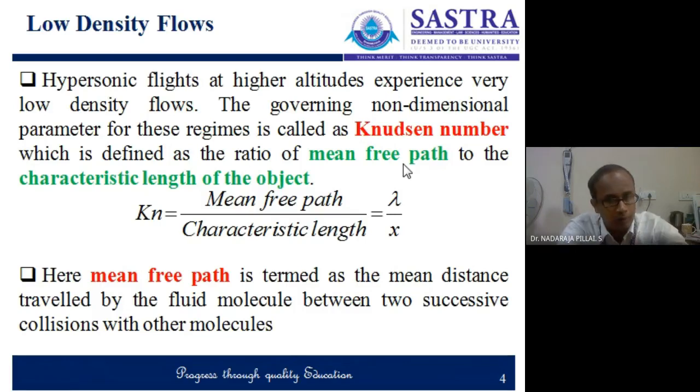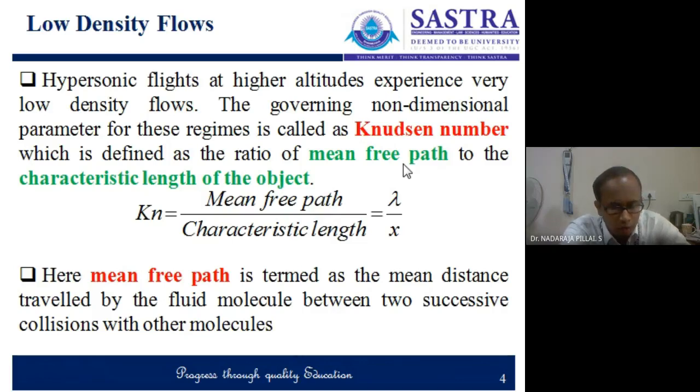In this case, for hypersonic flight, our point is the Knudsen number, the ratio between the mean free path and the characteristic length. Mean free path is the mean distance traveled by a fluid molecule between two successive collisions with other molecules, one molecule with another molecule.